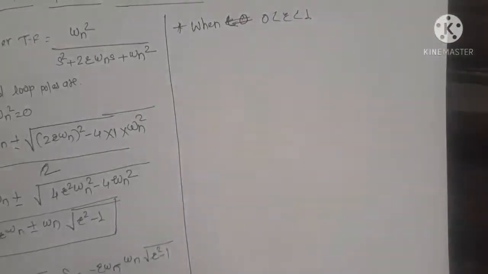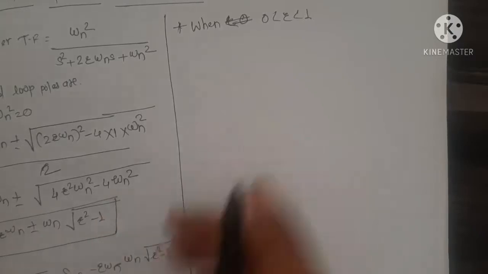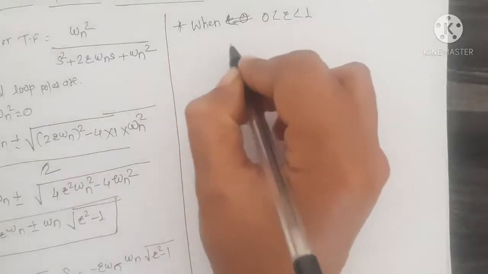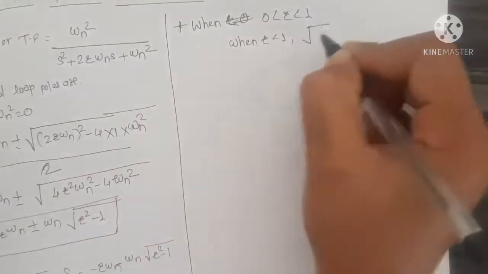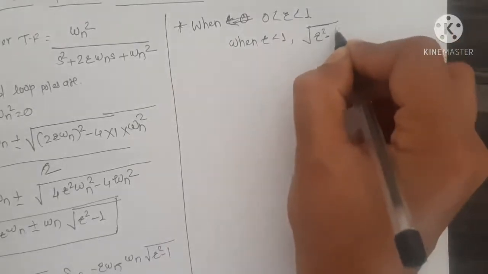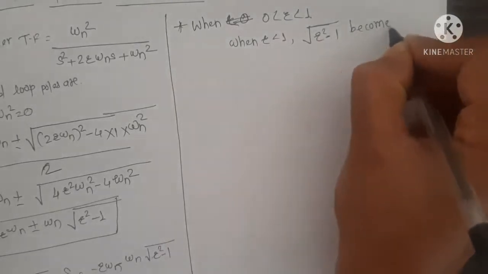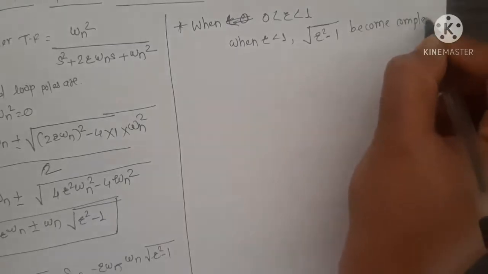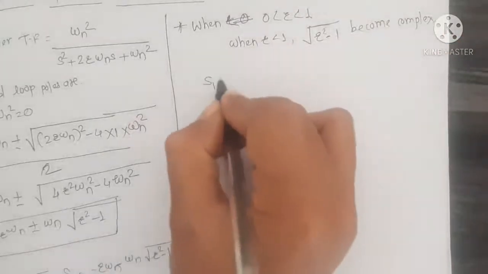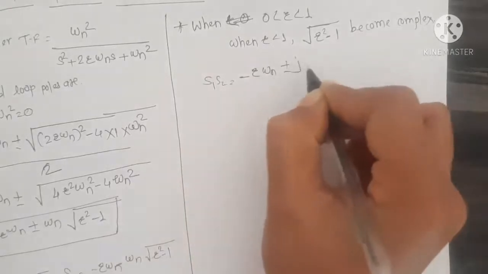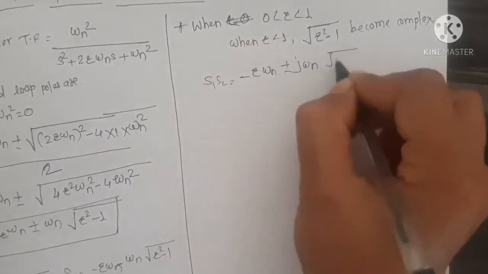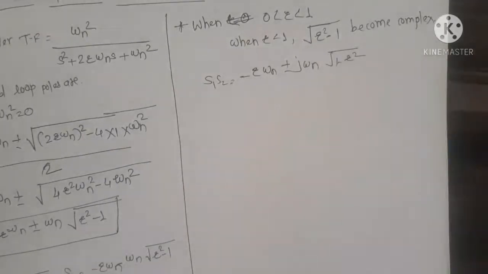When this value becomes less than 1, the term under the root bracket becomes complex. Complex means a j term will come, that is S1, S2 is equal to minus eta omega n plus minus j omega n under root 1 minus eta square. This j indicates it is complex.